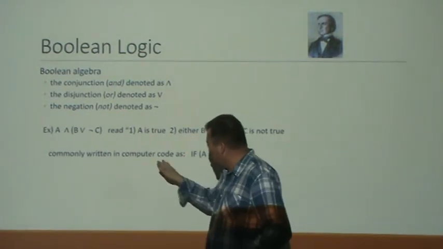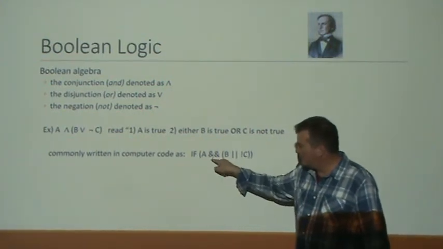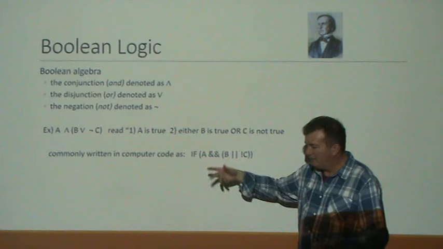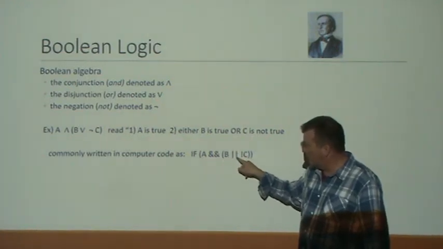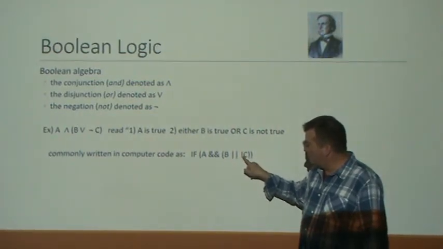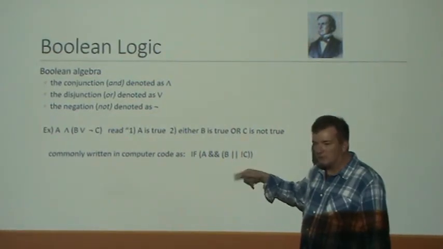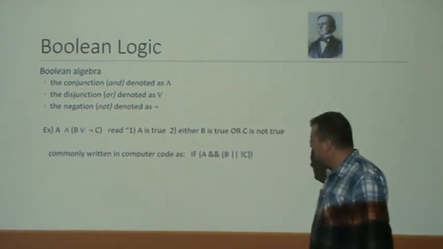Commonly written in computer code like this: if A double ampersand means and, open brackets B, double vertical bars means or. And the exclamation point in front of a Boolean expression means the reverse of it, the not of it.